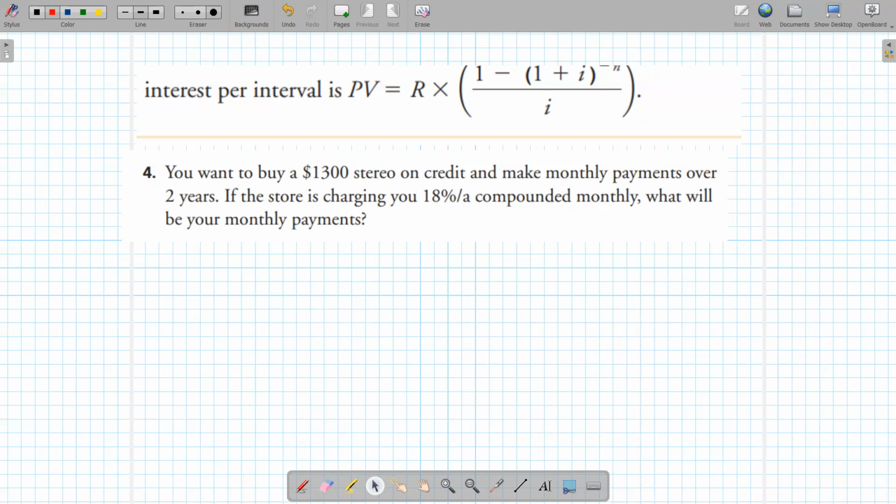Eventually, it's going to be hard to distinguish. It's present value. Right, so we know the present value is $1,300. What else?